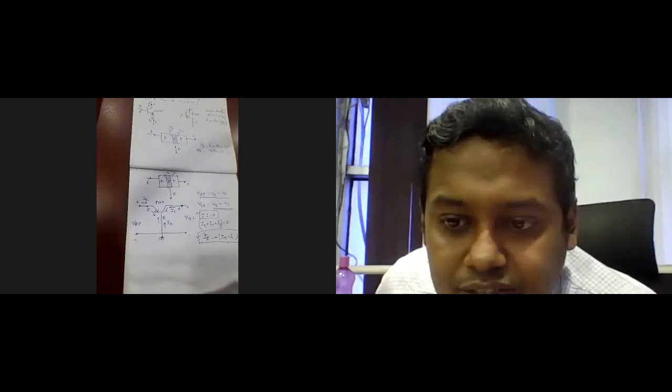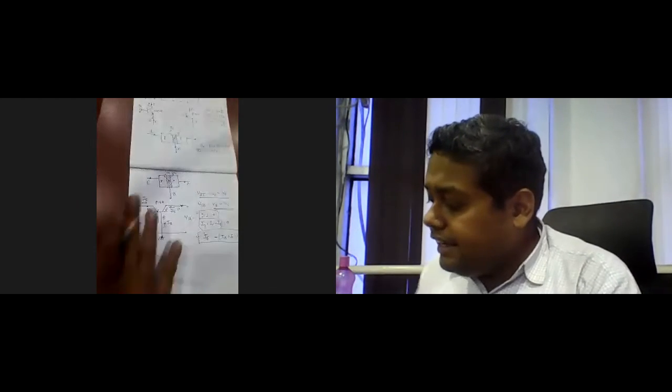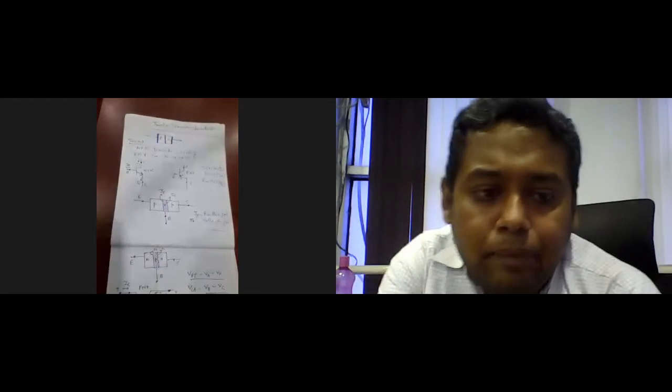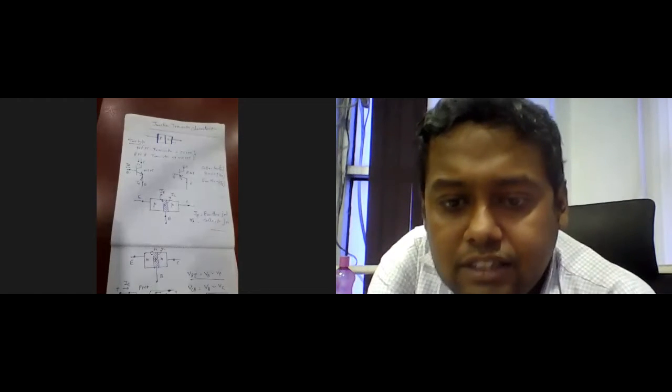Clear? Okay. So for transistor manufacturing, when we form a PNP or NPN type transistor, we also create the junction.